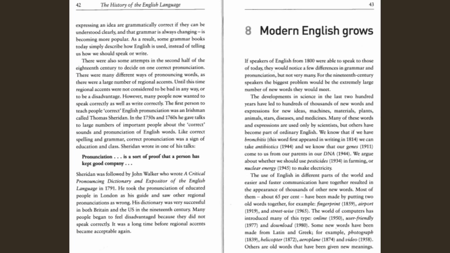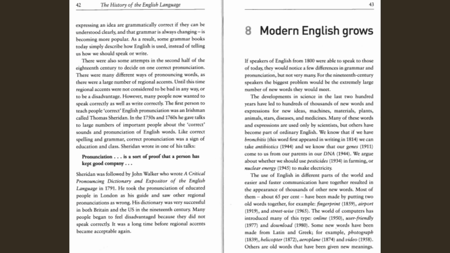The first person to teach people correct English pronunciation was an Irishman called Thomas Sheridan. In the 1750s and 1760s, he gave talks to large numbers of important people about the correct sounds and pronunciation of English words. Like correct spelling and grammar, correct pronunciation was a sign of education and class.